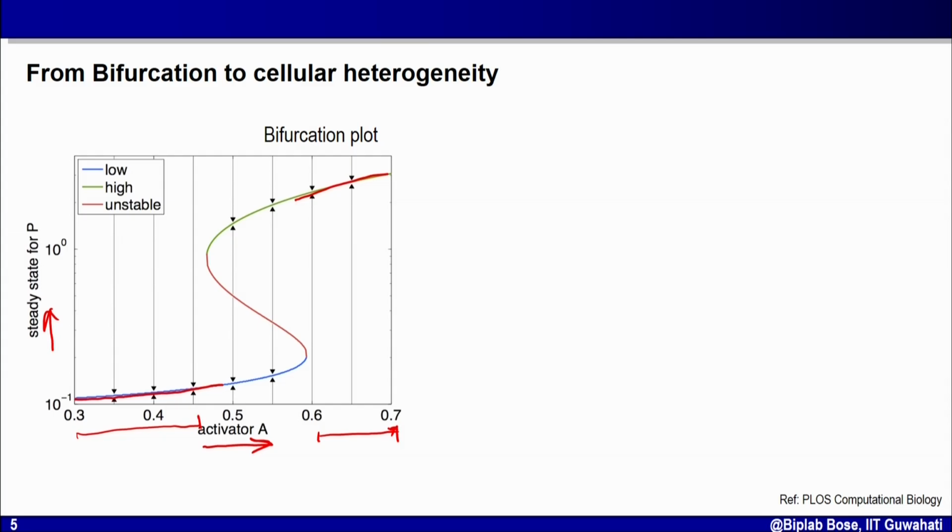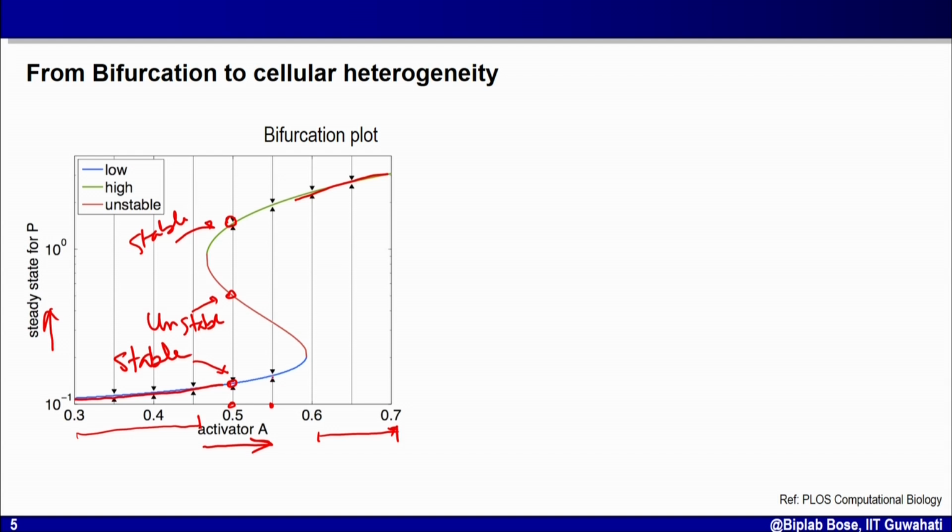In between, suppose when I take 0.5, I have three steady states, 1, 2, 3, as we checked. This one is unstable. This one is stable. And this one is also stable.